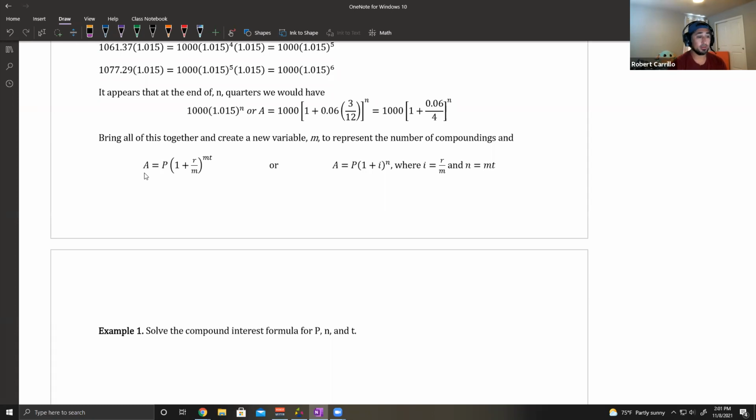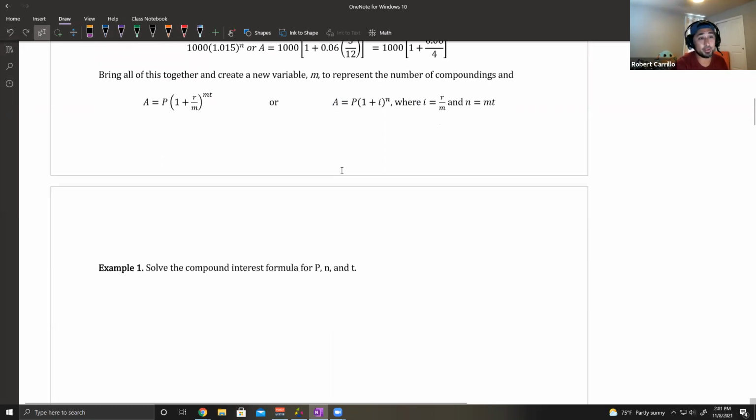Okay, so for now, let's go ahead. The example below says solve the compound interest formula for P, N, and T. Okay, so let's go ahead and work with this formula then. We're going to be rearranging this compound interest formula.